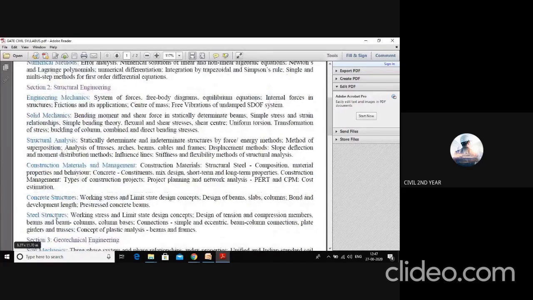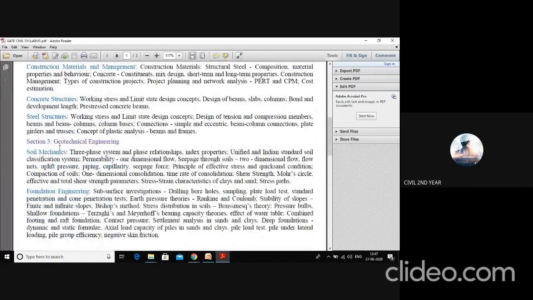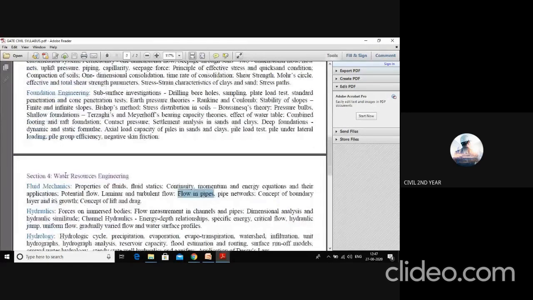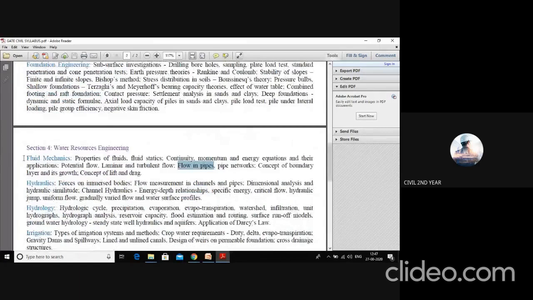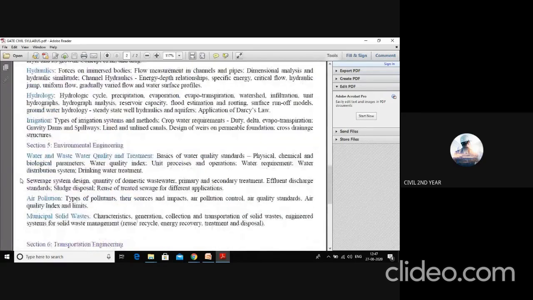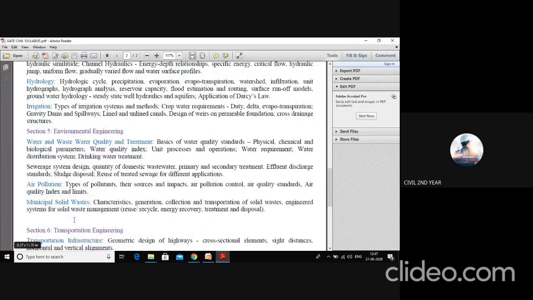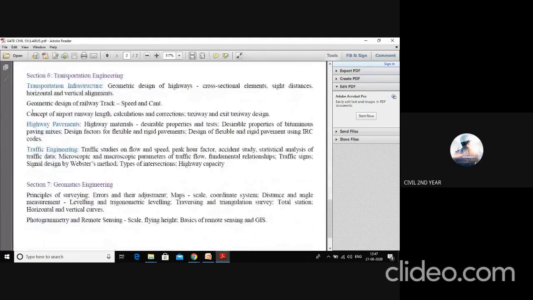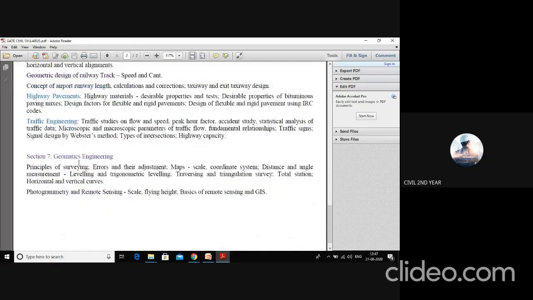Then section 3, geotechnical engineering: soil mechanics, foundation engineering. Fourth section, water resources engineering: fluid mechanics, hydraulics, hydrology, irrigation. Then section 5, environmental engineering: water and wastewater quality and treatment, air pollution, municipal solid waste. Then section 6, transportation engineering: transportation infrastructure, highway pavements, traffic engineering. Section 7, geomatics engineering.